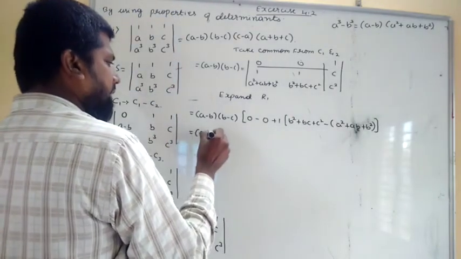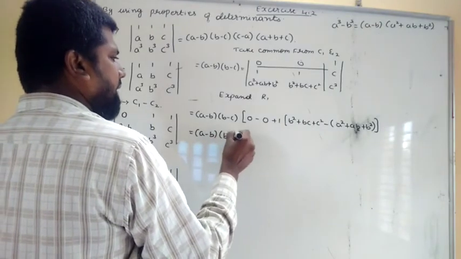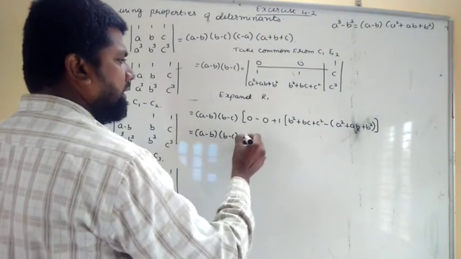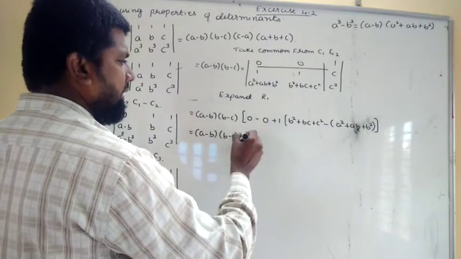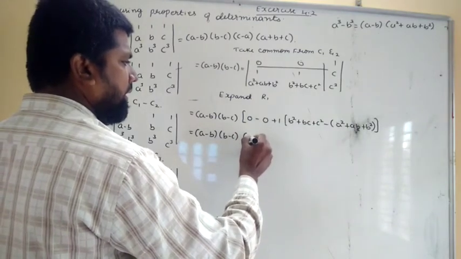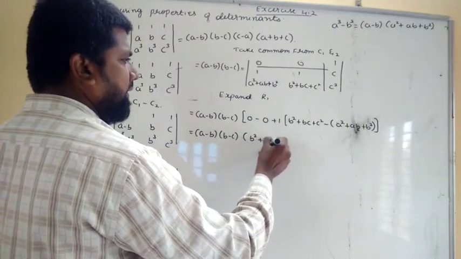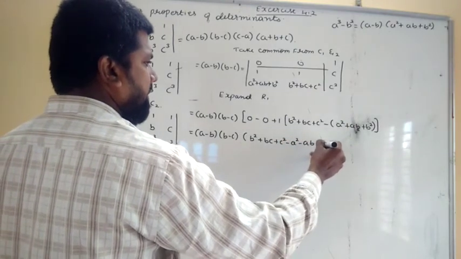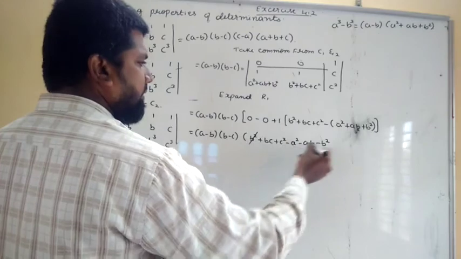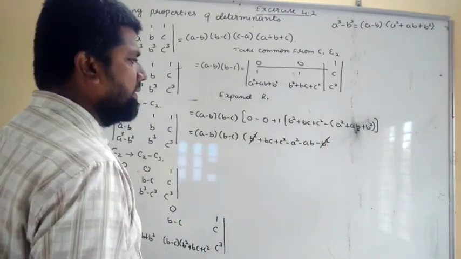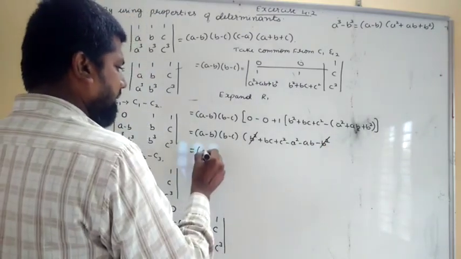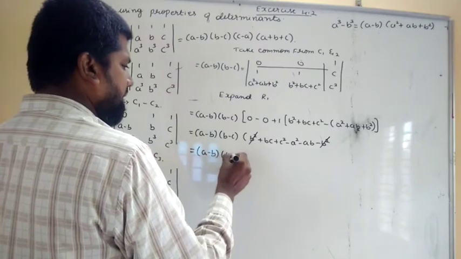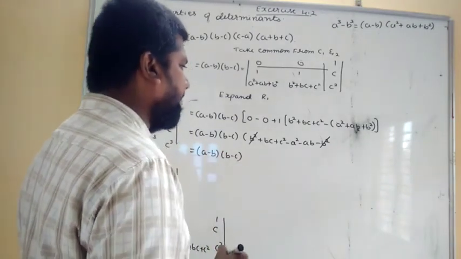Then A minus B, B minus C, here 1 is there, open the bracket: B square plus BC plus C square minus A square minus AB minus B square. So plus B square minus B square get cancelled. Then A minus B, then B minus C is the remaining thing.